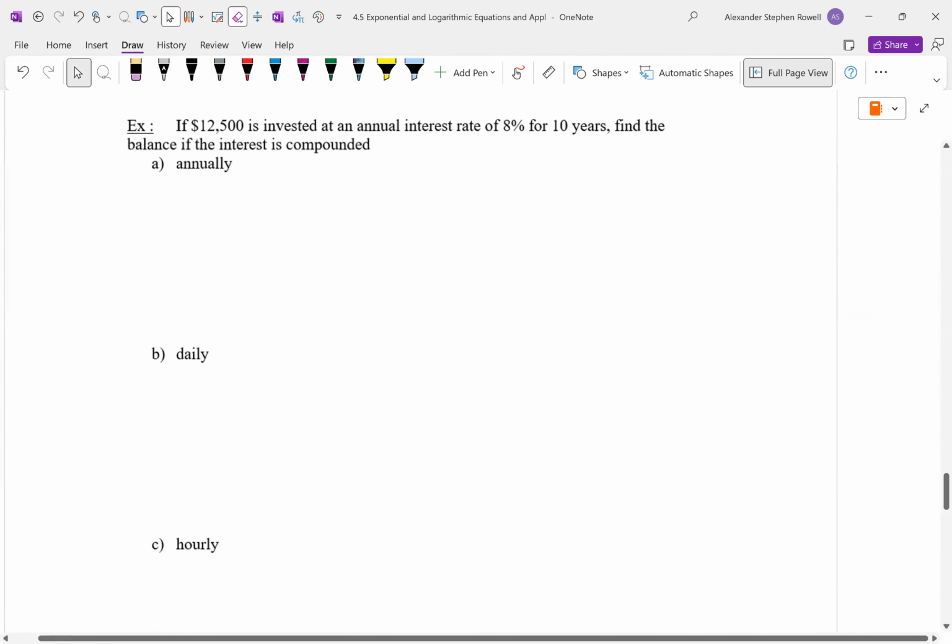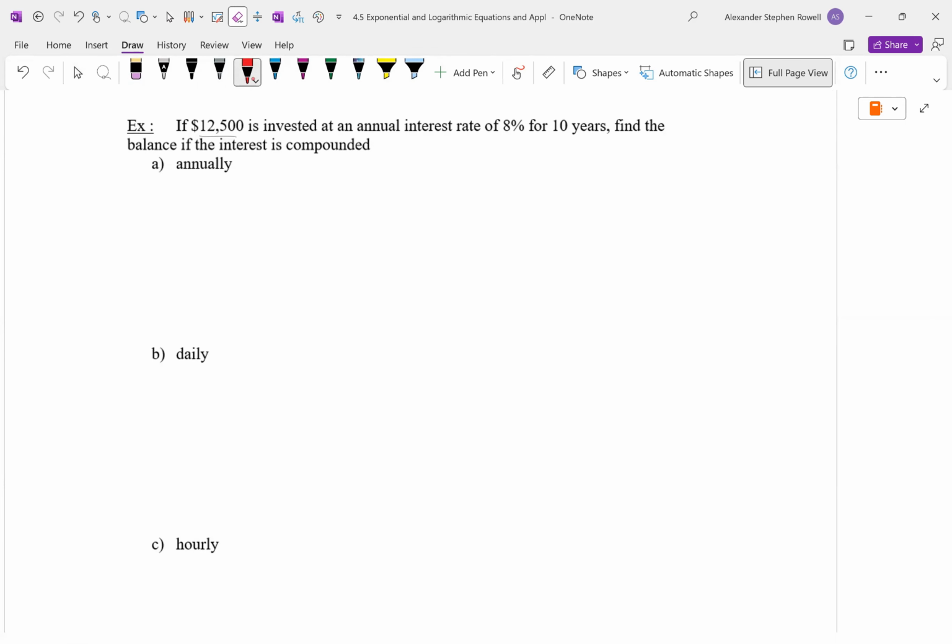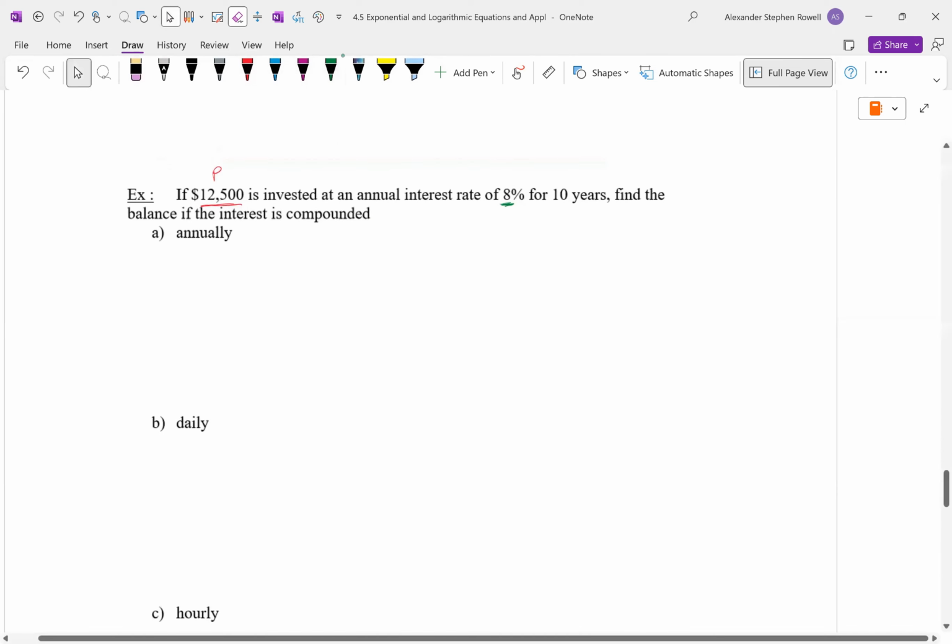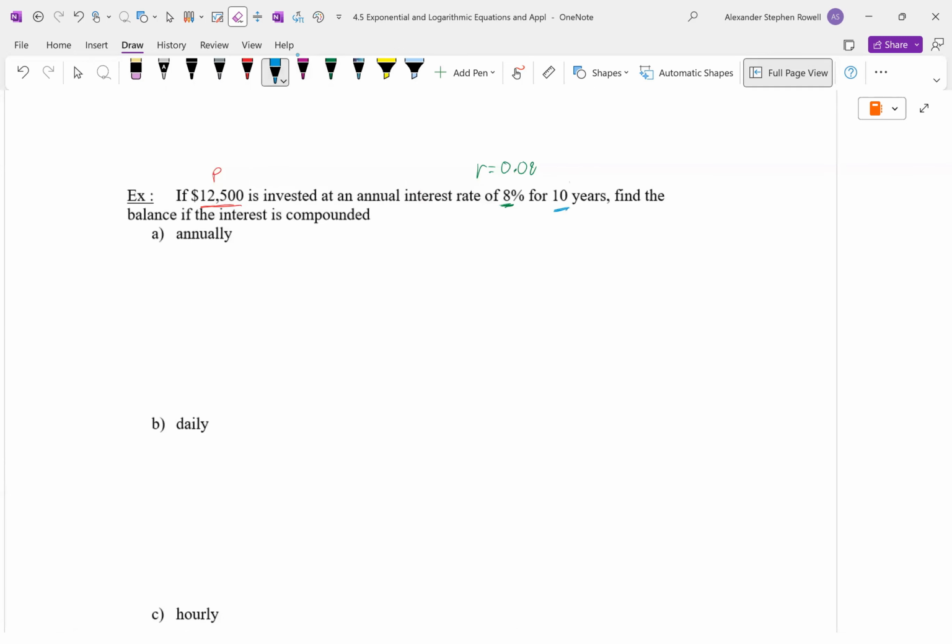Okay, so let's talk about how to analyze this. I have $12,500 invested at an annual interest rate of 8%. This would be my principal, money invested. My interest rate would be R is equal to 0.08. And this is number of years.